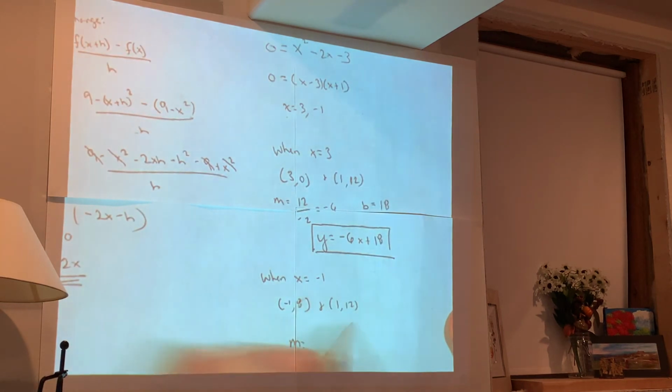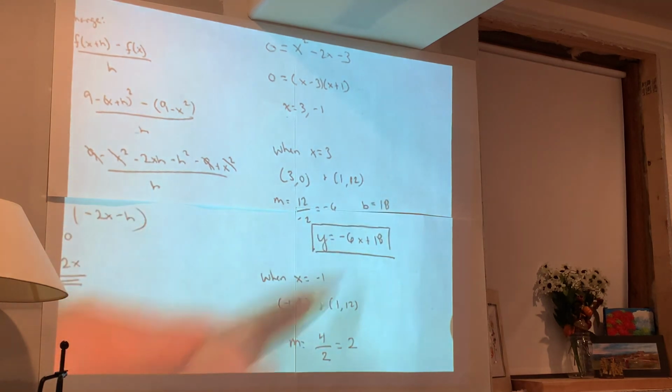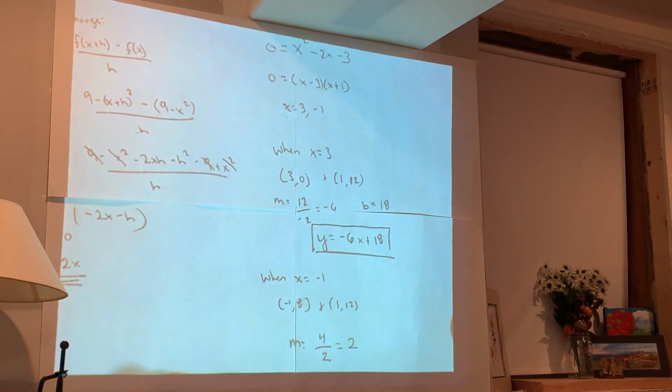Lastly, do it one more time. Slope here, changing my y's is 4, changing my x's is 2, so I think we get a slope of 2, which is a positive slope through the point (1, 12). Then I'm going down left, so I think we get b to equal 10, if I'm not mistaken.